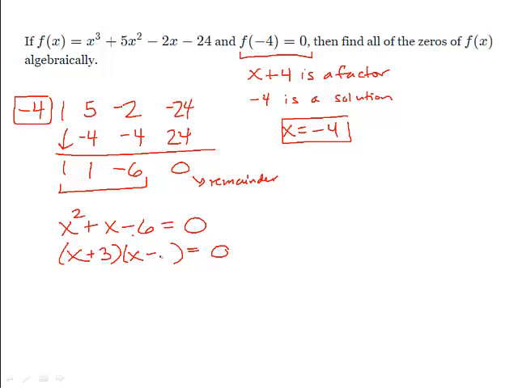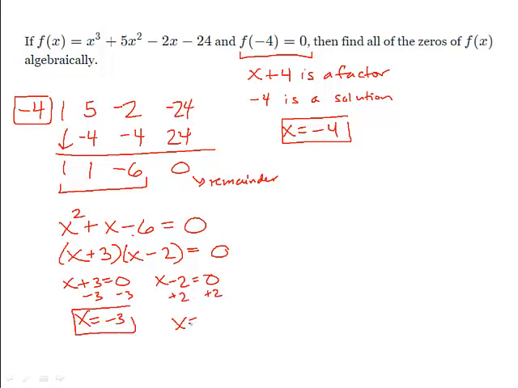And we could work with 3 and 2, and then that way they'd also add up to 1. Awesome. And I set each factor equal to 0. And then I solve. I get negative 3 over here, I get 2. Put that together with the one from the beginning, and there's 3 answers.